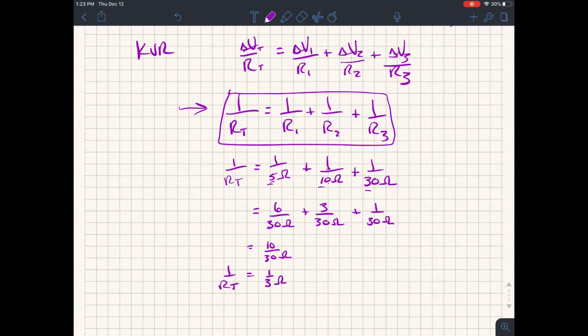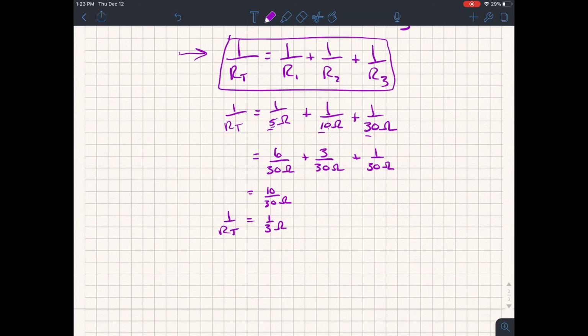But now we have to solve for RT, so let's multiply both sides by RT. So that's going to cancel with that one. And we have to multiply both sides by 3. So that 3 will cancel with that 3. And we have 3 times 1. So we have 3 ohms equals the total resistance.